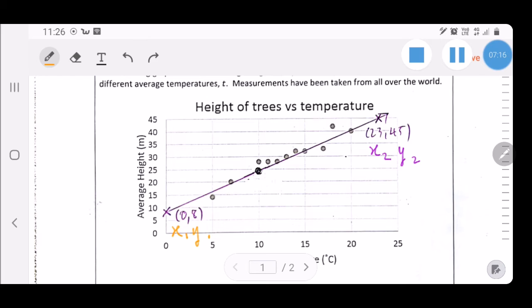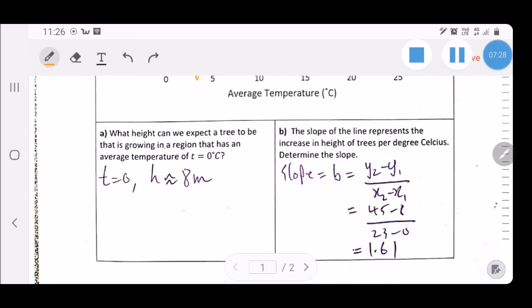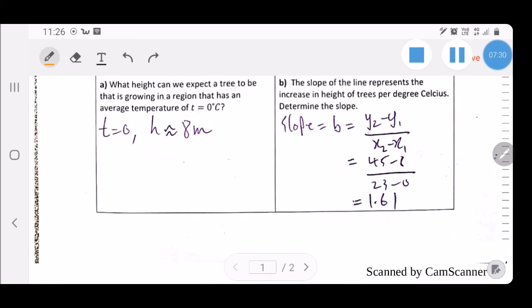So 23, 45, that's my x2, y2, or x1, y1, it doesn't matter. And 0, 8, that was a nice easy selection for my other coordinate. Okay, so I substitute my y2, y1 here and my x2, x1 here. I get 45 minus 8 over 23 minus 0.